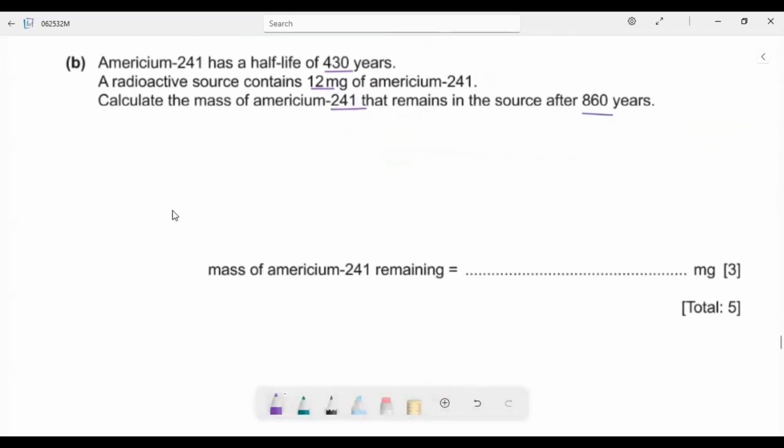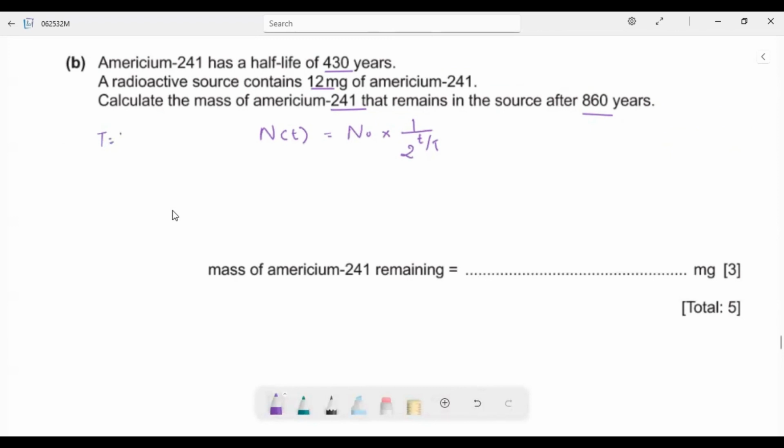So we can use one formula, that is Nt equals N0 into 1 divided by 2 raised to t by T. Here Nt is the current amount and N0 is the initial amount of the radioactive source, and small t is the time, and capital T is the half-life.